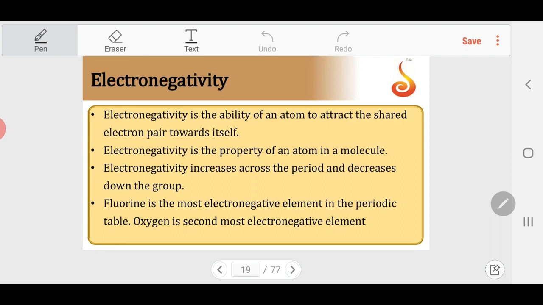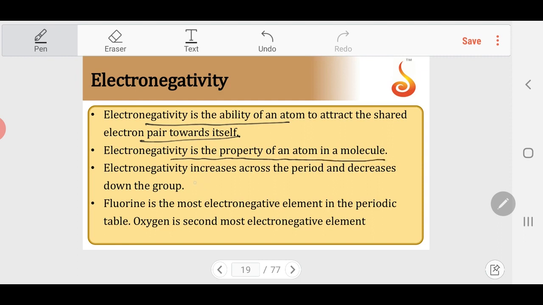Then electronegativity. Electronegativity is the ability of an atom to attract a shared electron pair towards itself. So electronegativity is a property of an atom in a molecule. So far, whatever we discussed are all absolute properties of an atom, but electronegativity is a property of an atom whenever it is bonded to another atom.